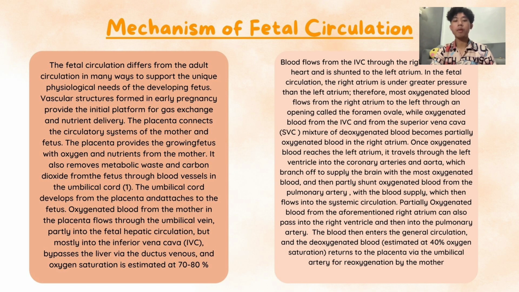Blood flows from the pulmonary artery through the ductus arteriosus, which bypasses the lungs, into the aorta, and the blood then enters the general circulation. The deoxygenated blood, estimated at 40% oxygen saturation, returns to the placenta via the umbilical artery for reoxygenation by the mother.